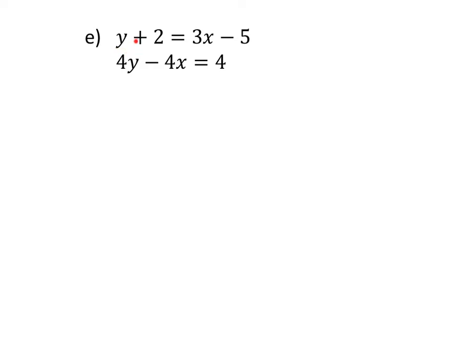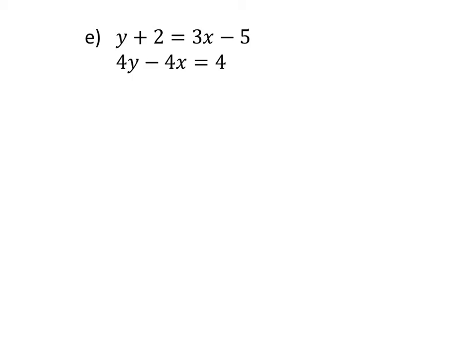But if you look at this first equation, I don't have a coefficient greater than 1 to this y, so I'm going to go ahead and solve this first equation for y. I could solve it for x, but again, because of that coefficient, I know I would eventually have to divide everything by that coefficient to get x by itself.